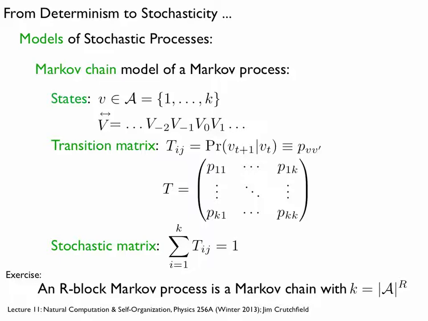And we'll have some internal state process over this, a chain of random variables, which we denote V. And then we have a dynamic that maps from one state to the next. Since it's a Markov process, this is given by a one-step conditional distribution: the probability of the next state depends on the previous state you were in. We'll think of that as a matrix that gives us transition probabilities going from state to state.